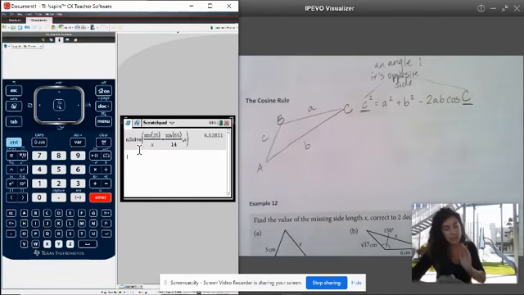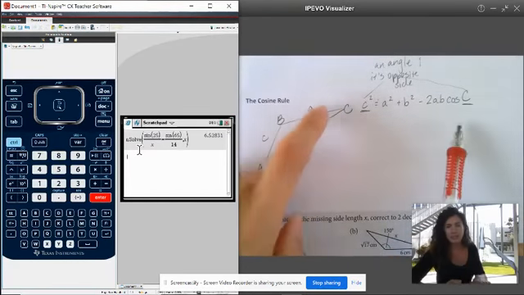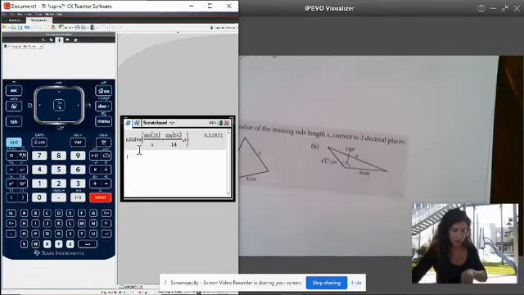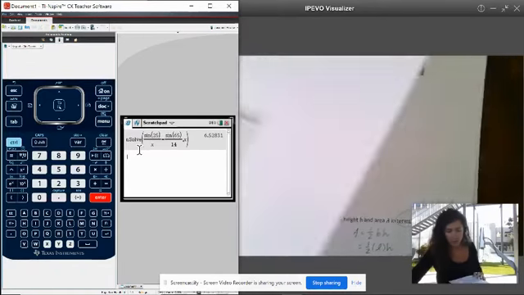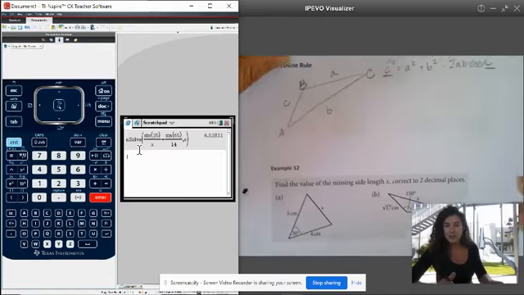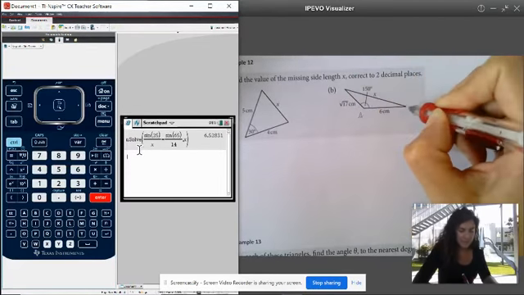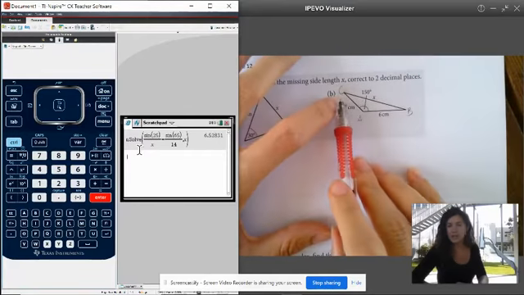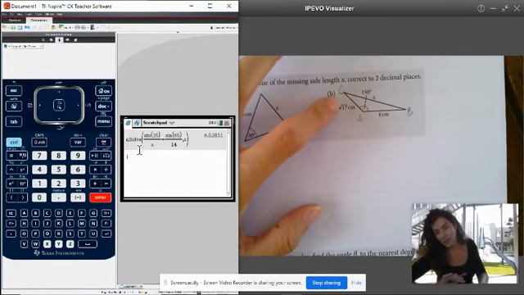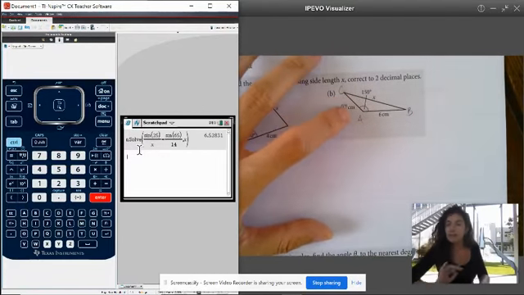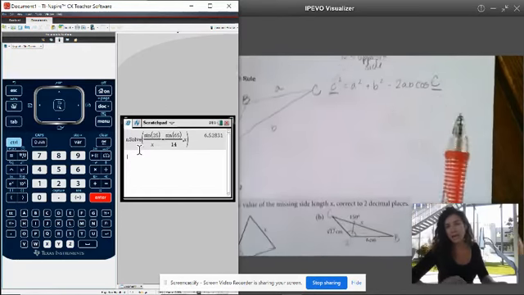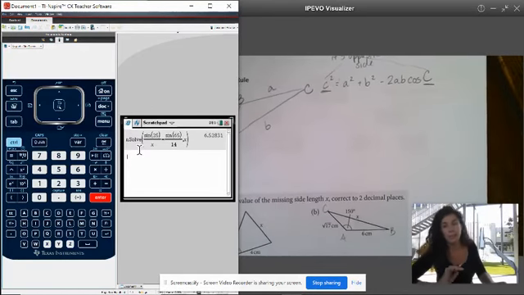Now, a lot of students get really stuck because they focus on the C thing. Sometimes you might get a triangle that's labeled A, B, C, and you think that angle C is the only angle that can go into the law of cosines, and that's not really the case. That is just the angle that happened to be chosen.